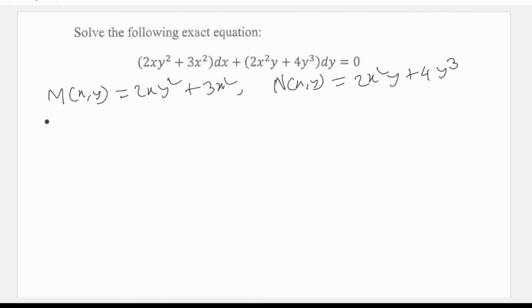So we find the partial derivative of M with respect to y, so it will be 2x times 2y, which is equal to 4xy.